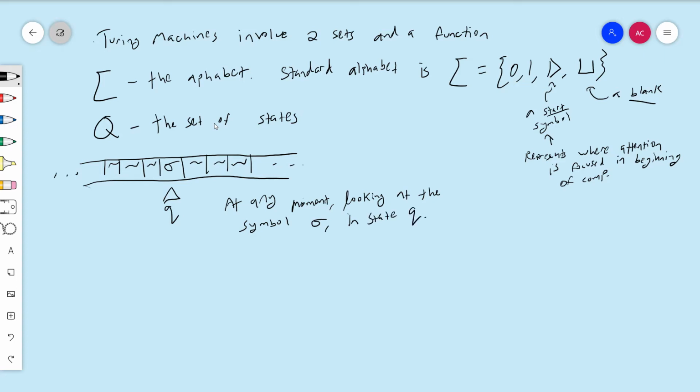So I have these two symbols, sigma and q, that dictate everything that's going to happen. It's all going to be dependent on these two symbols.